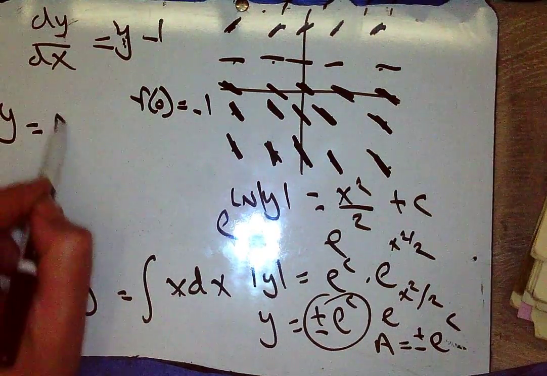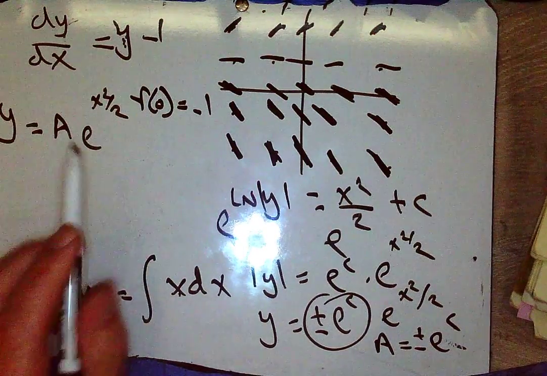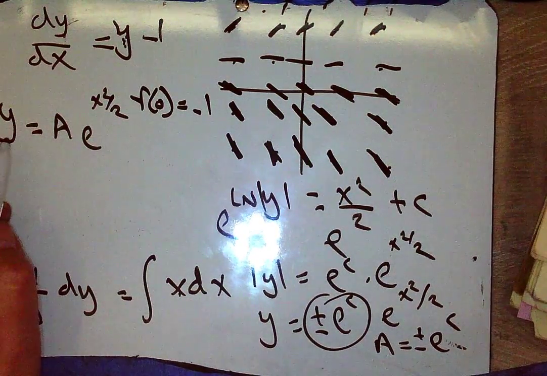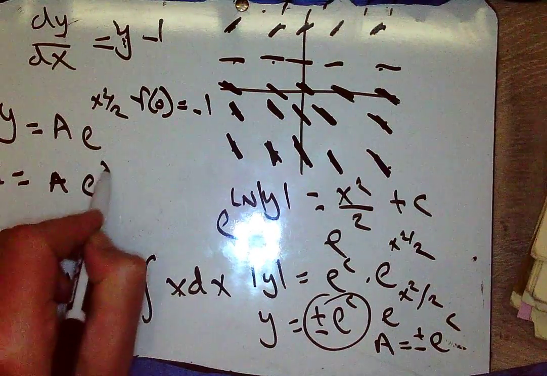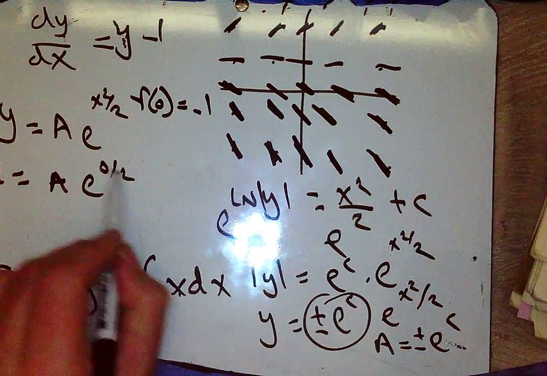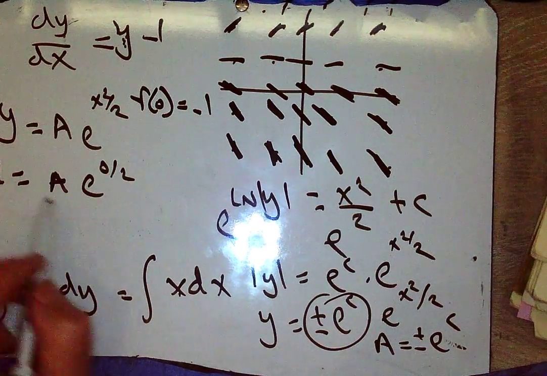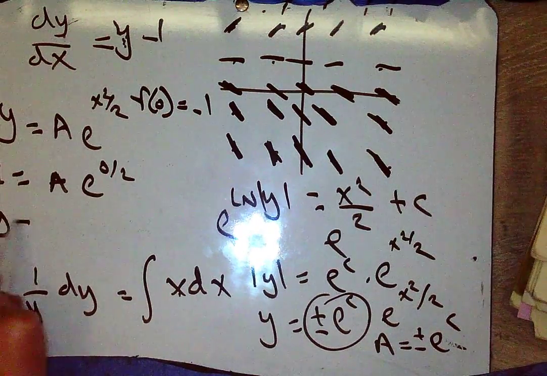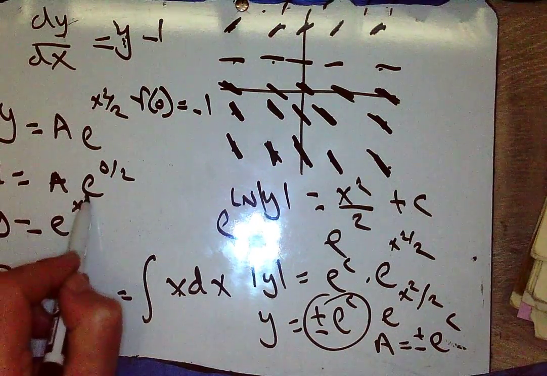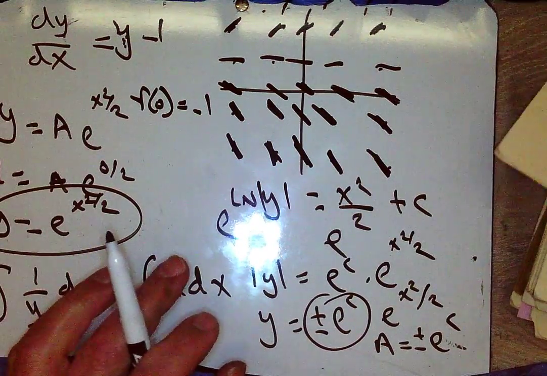So now my model is a e to the x squared over 2. And if I plug in that ordered pair, 0, 1, well, 0 divided by 2 is still 0, and e to the 0 is 1, and 1 times a is still a, and so a equals 1. So y equals e to the x squared over 2. That's my answer. And don't circle your answers.